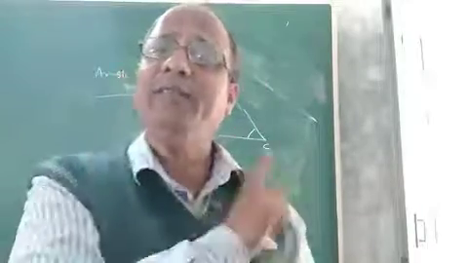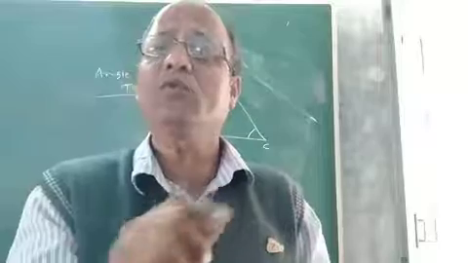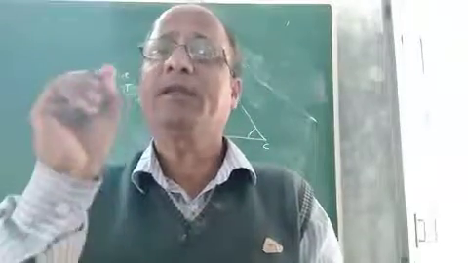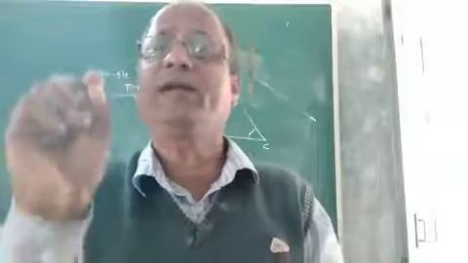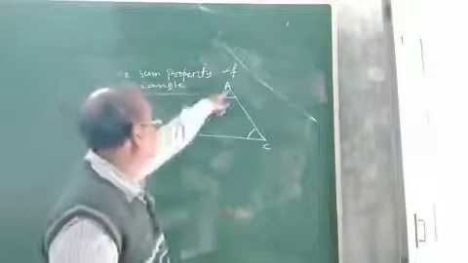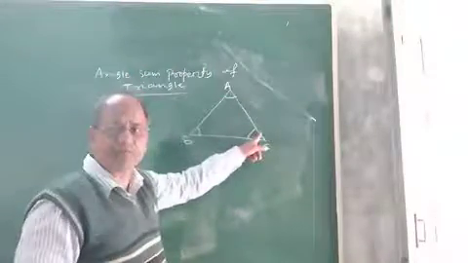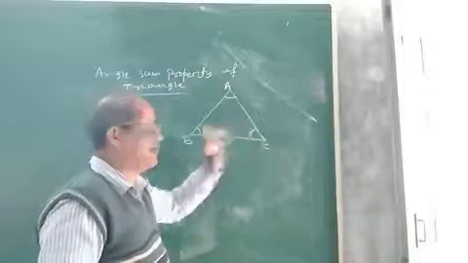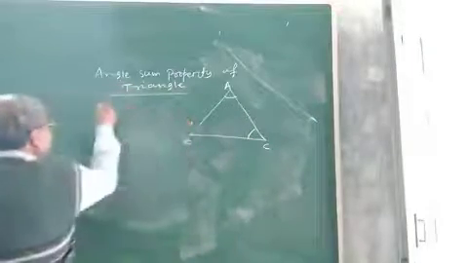Okay, let us prove in this class one geometrical truth, I mean the angle sum property. The sum of 3 interior angles of a triangle is 180 degree. How to prove it geometrically? Let us discuss. See, to prove it, let us consider a triangle, say ABC. These are the 3 interior angles, angle A, angle B and angle C. So here we are given ABC.